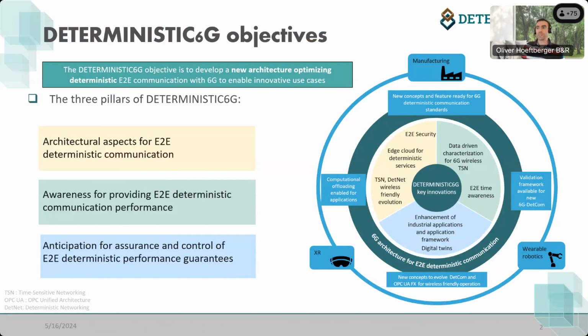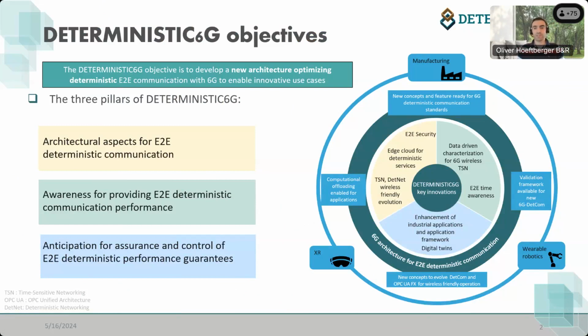The objective of the project is to develop new architectural building blocks that should optimize the end-to-end deterministic and dependable communication, such that we can enable use cases in the industrial domain or in other domains as well.